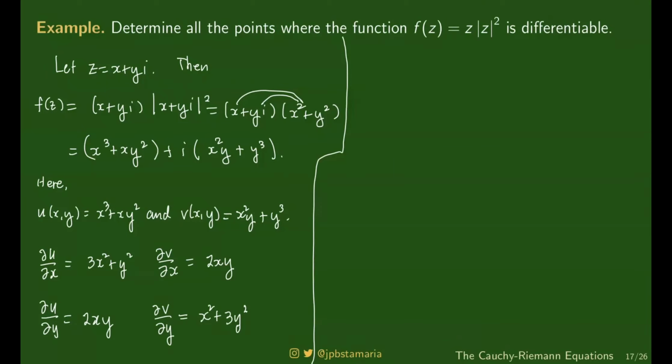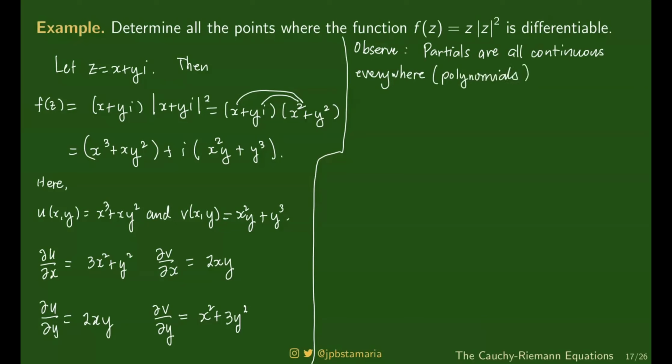Okay. Note that. So this is the important thing. Observe that the partial derivatives are all continuous everywhere as they are polynomials. Kasi polynomial sila. Diba? Lahat ng mga polynomial functions everywhere, continuous.